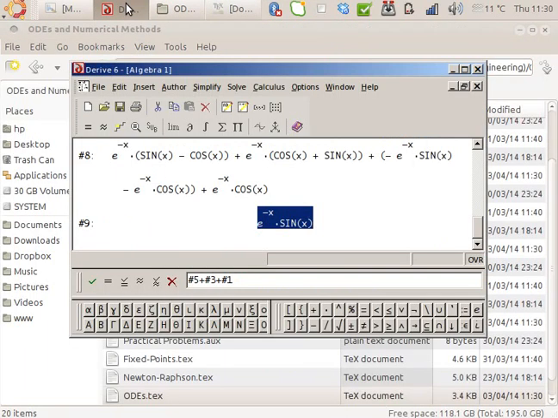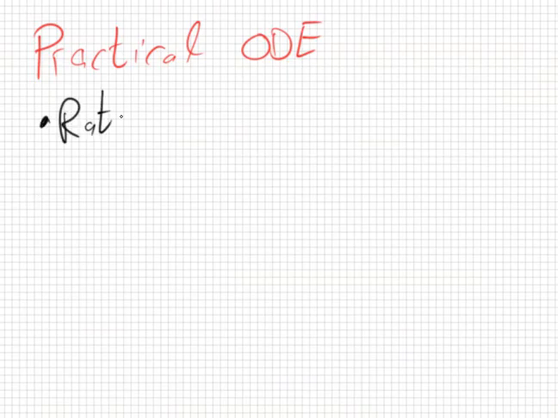Okay. So what we're going to look at now is practical problems. To help you get started, I'm going to give you some vocabulary.